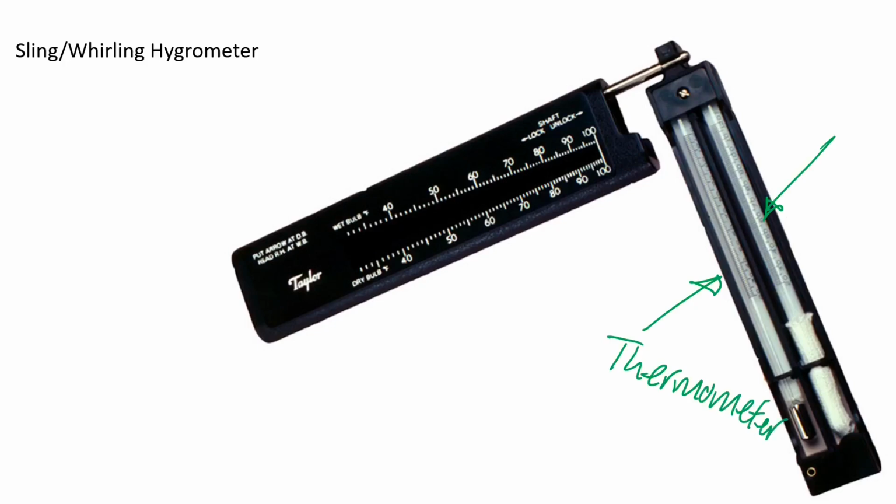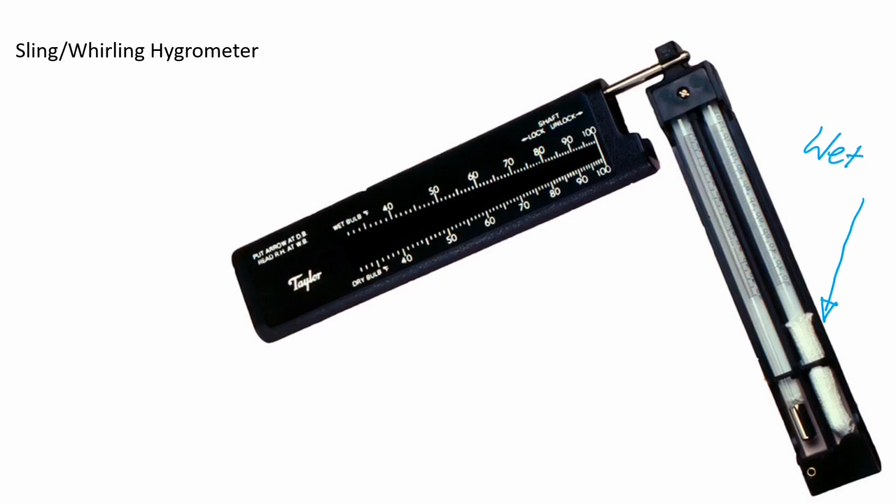Okay, absolutely identical to each other. Now, the difference between the 2 is the main gig, so to speak. If we look at the wet bulb, now the wet bulb is this one. That is the wet bulb.